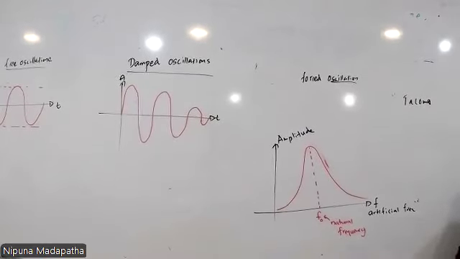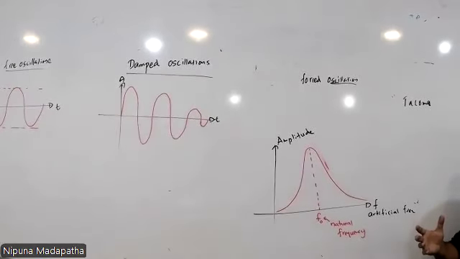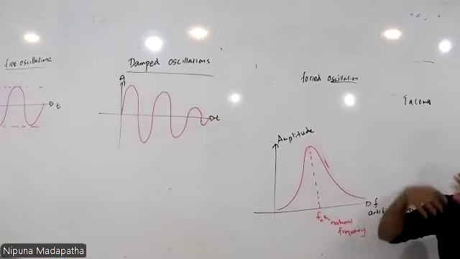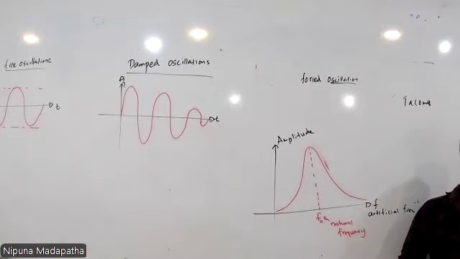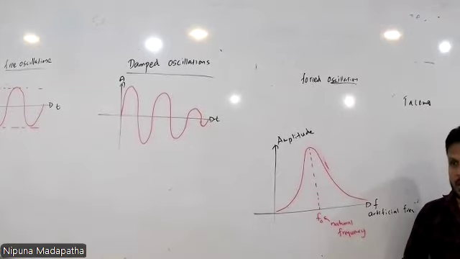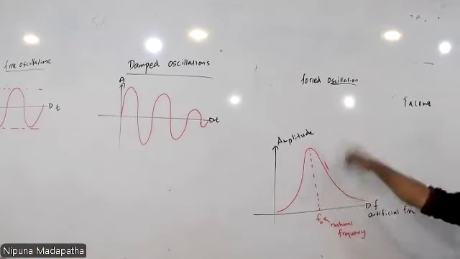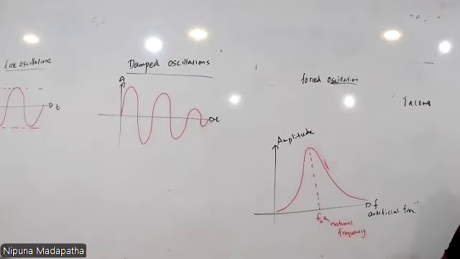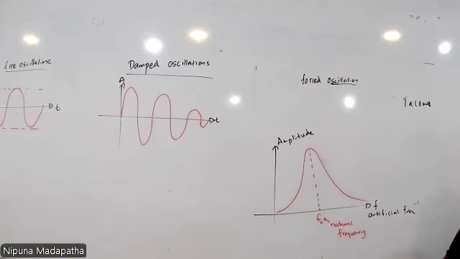When resonance occurs, the body absorbs maximum energy from the source, and the amplitude is the highest. So that is known as resonance.